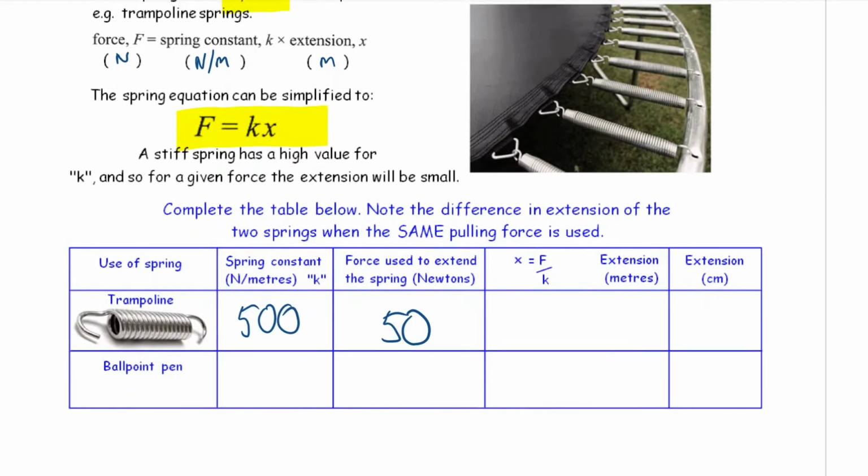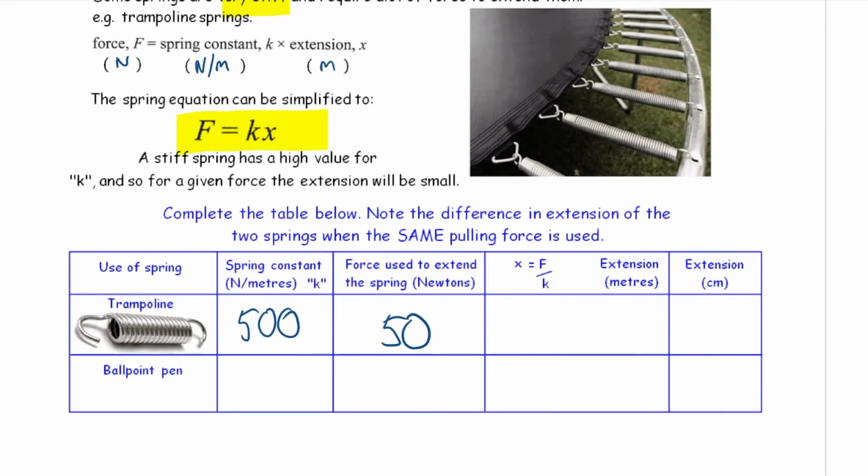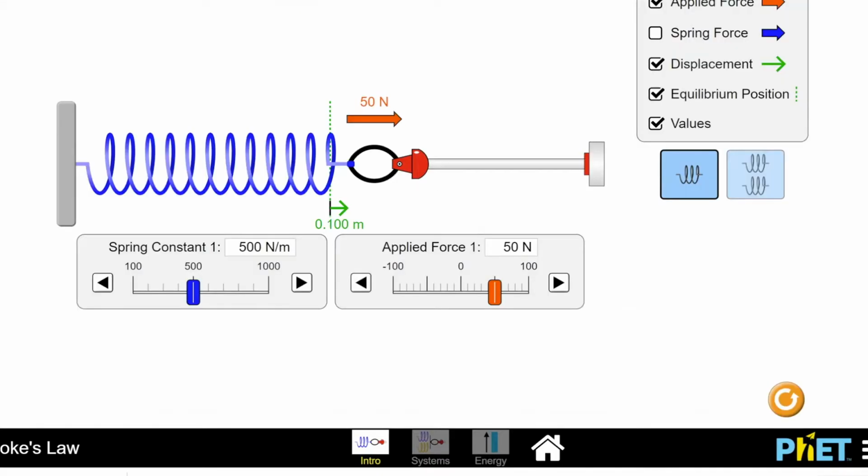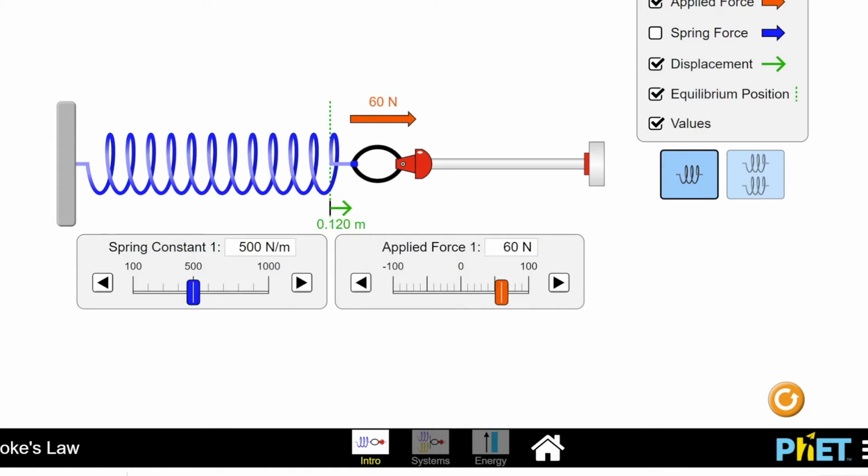Now we're going to complete this table, and in order to complete this table, we're just going to use an animation. Here's an animation where we can change the size of the force. So if I increase the size of the force acting here, up to 56 newtons and so on, you can see the extension of the spring is changing.